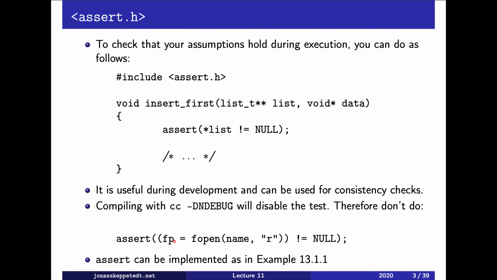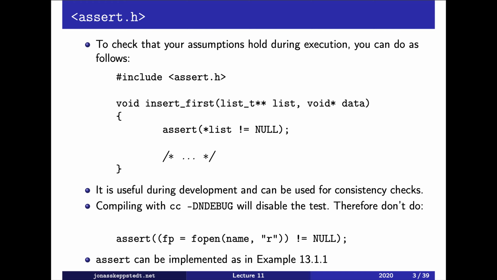And how to implement assert? Well, that can be seen. It's similar in this example, and it was explained in the lecture about the C preprocessor for the macro fatal, which does something very similar.